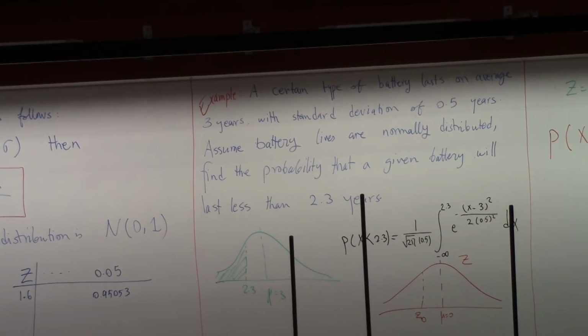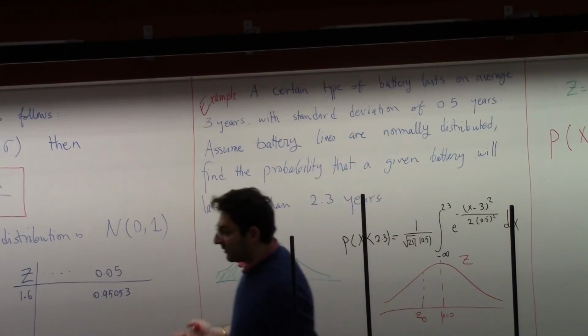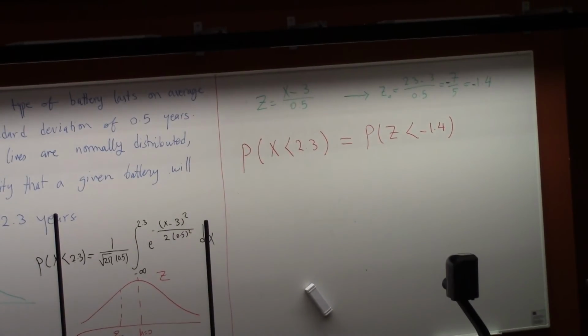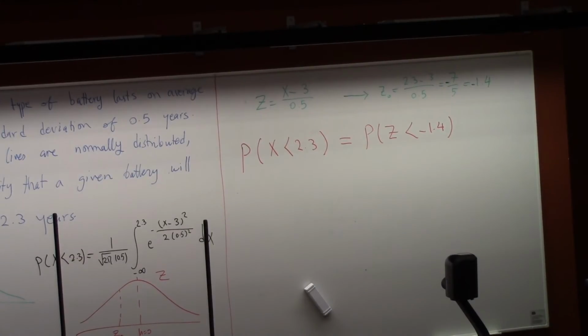It is like we are not changing anything regarding the probability. The area underneath the curve is 1. We are just reshaping it, transforming it into the form where mu is 0 and the variance is 1, the standard deviation is 1.